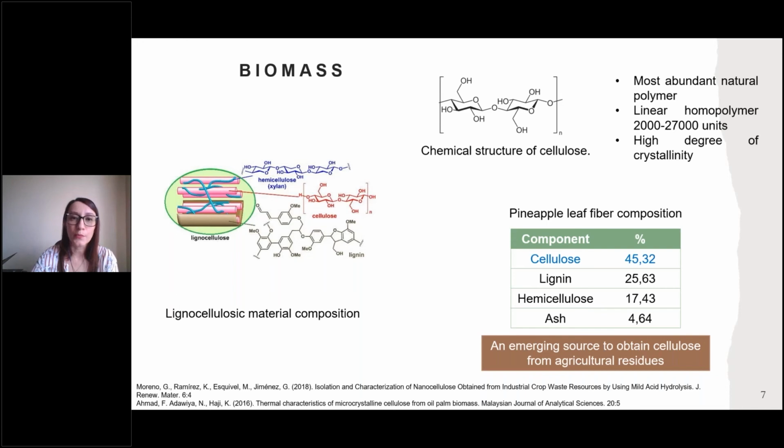It's mainly composed of cellulose, hemicellulose, and lignin. And for the pineapple leaf fiber, the main component is cellulose. So it becomes an emerging source to obtain cellulose from agricultural residues.